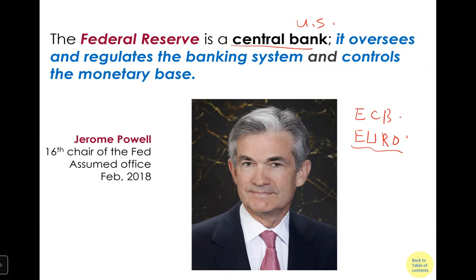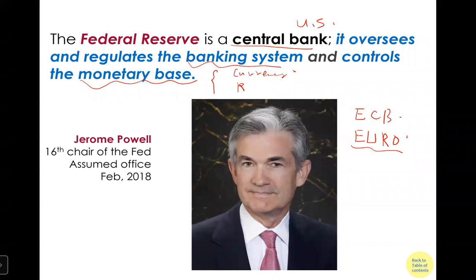Right? So now let's focus on the United States. The Federal Reserve oversees and regulates the banking system and controls the monetary base. Remember, the monetary base includes currency in circulation and reserves.